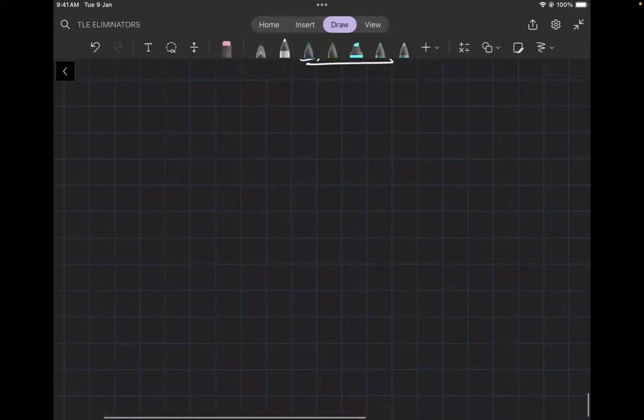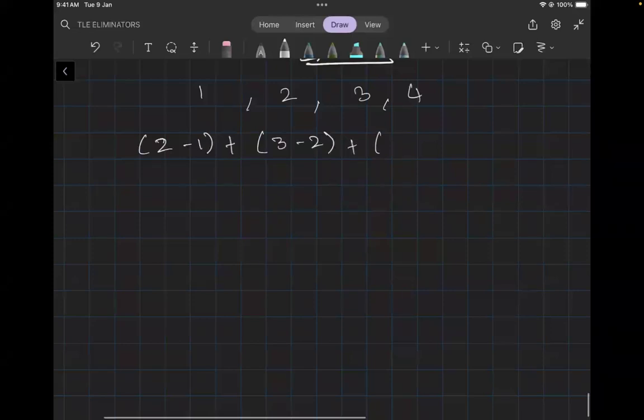5 is my largest B and 3 is my smallest B. Let's say the B values were 1, 2, 3, 4 as well. It would have been 2 minus 1 plus 3 minus 2 plus 4 minus 3. You can see this plus 3 minus 3 cancels out, this plus 2 minus 2 cancels out, and what is left? 4 minus 1.